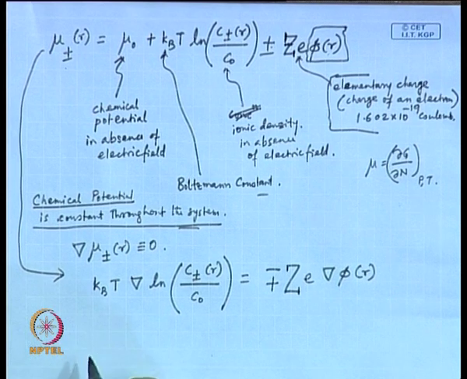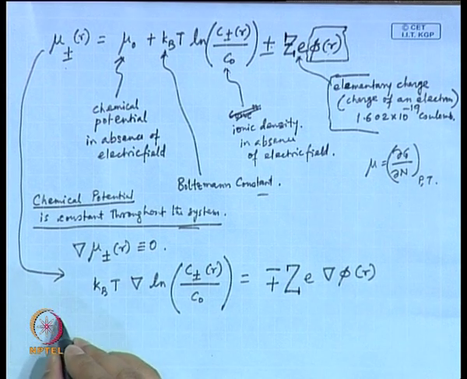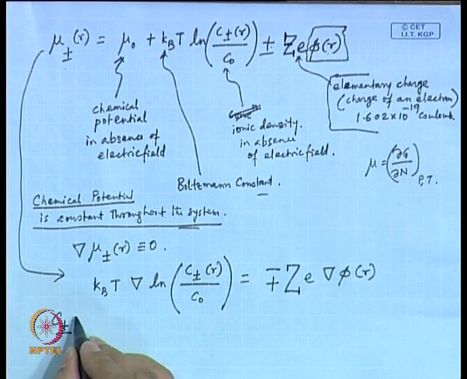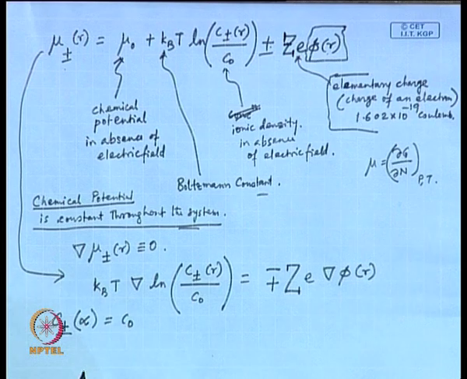Next, you have a boundary condition. Let us write down the boundary condition here. The boundary condition for C plus minus at Z equal to infinity is equal to C 0. We have accepted that in the bulk the co-ion and counter-ion concentrations are equal, and that is equal to C 0.